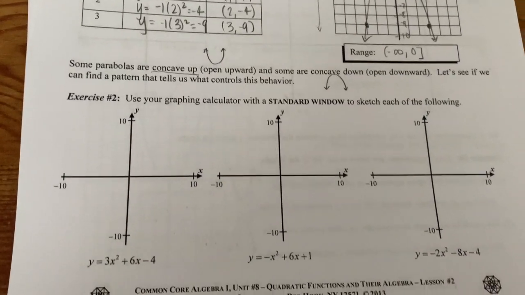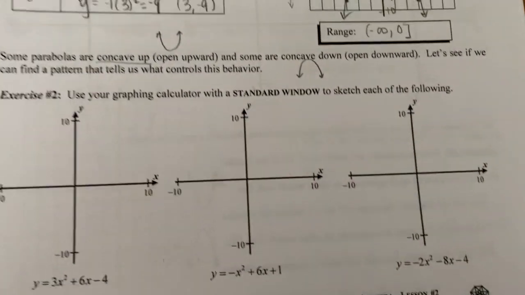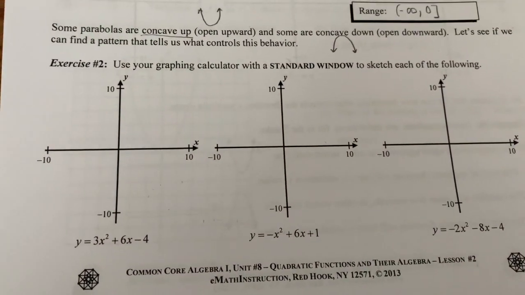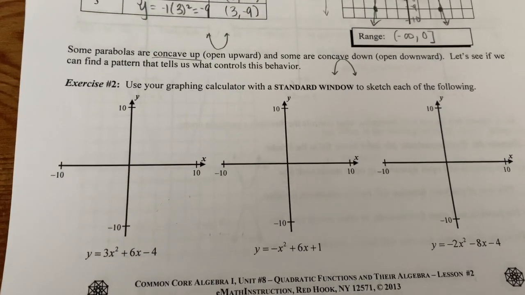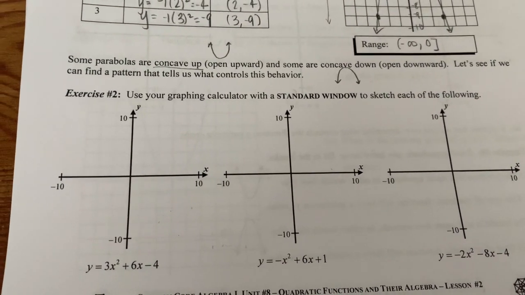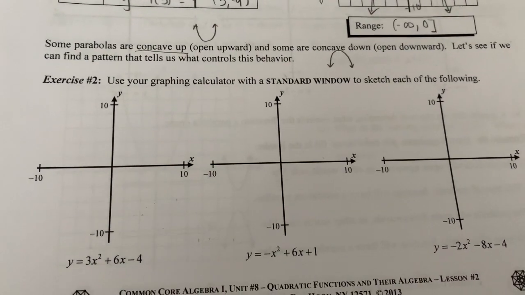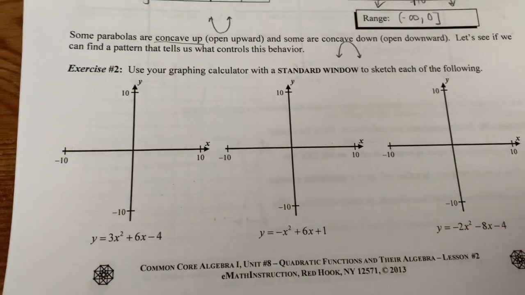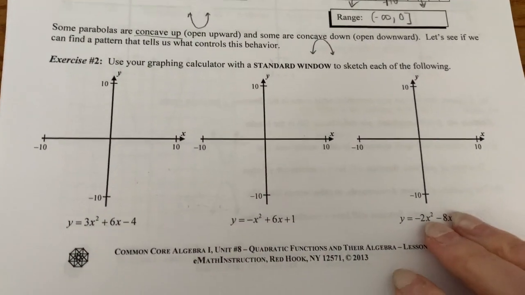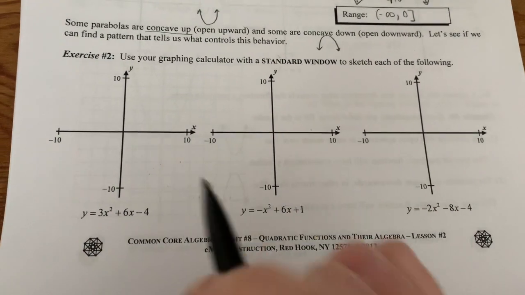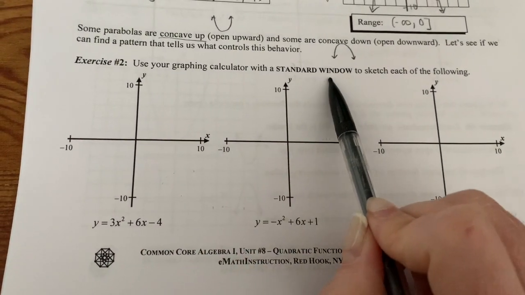Okay? So basically, we're going to see what it is about the equation that determines whether the parabola is going to be concave up or concave down. So we're going to look at these in our graphing calculator, and we're going to see if we can figure out what that is.